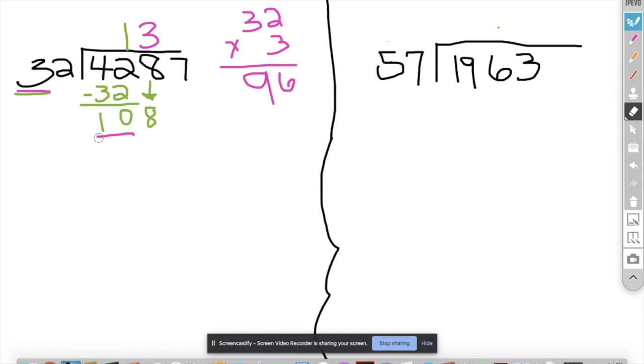I'm going to erase just this little part here. I'm going to do my subtraction. 96. 8 minus 6 is 2. 10 minus 9 is 1. So I'm going to bring down my 7.